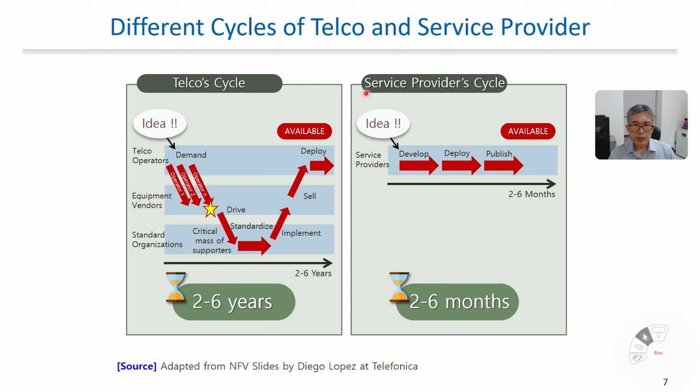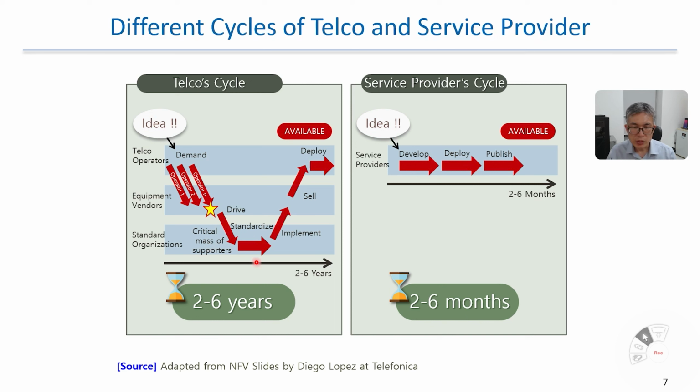There are different cycles for telcos and service providers for network technology. In the past, the telco cycle went: idea, proposal, demand. Then equipment vendors like Cisco, Juniper, Huawei, and Ericsson get the demand from telco operators and start standardization in organizations like the IETF, which stands for Internet Engineering Task Force.